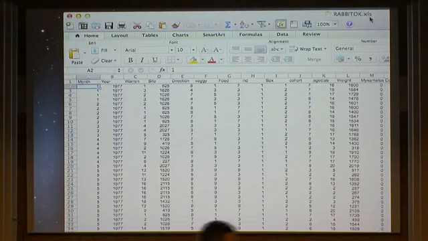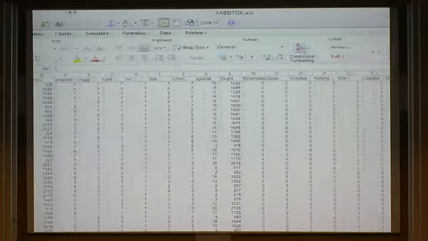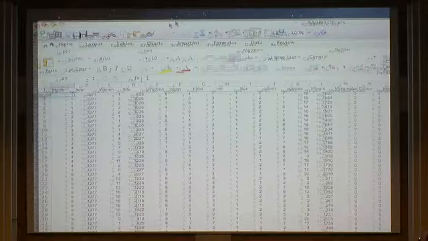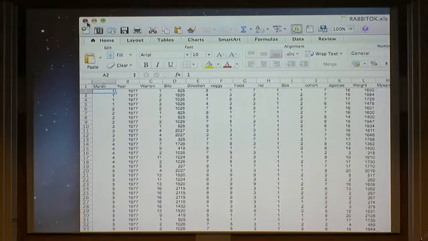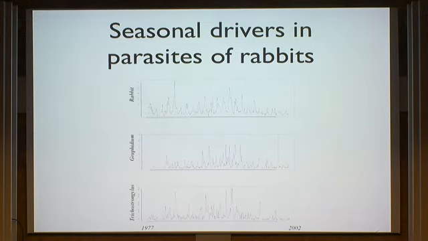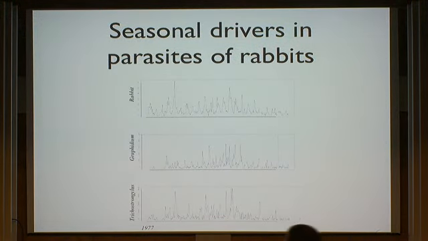And then there's data to say whether it had infection by a number of parasites, including myxomatosis and coccidia and such like. So these kind of data were created by Brian Boag, the dog lover. And what we wanted to do was, I'm a rabbit hater, what we wanted to do was to understand the patterns of seasonality in the infection.